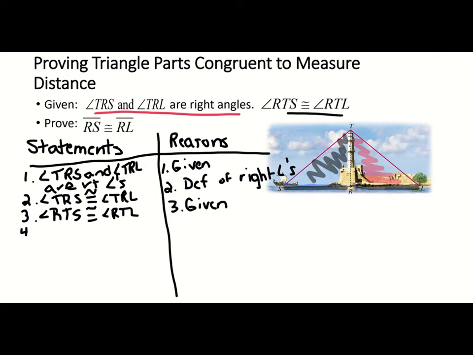Other than that we know those angles are congruent, I don't have any other information from that. But if I look at the two triangles I'm proving congruent, what's one thing that sticks out to you that we've used in other proofs that's common when we're proving our triangles are congruent? Hopefully, you said, we have TR. TR is congruent to TR, and that is our reflexive property.